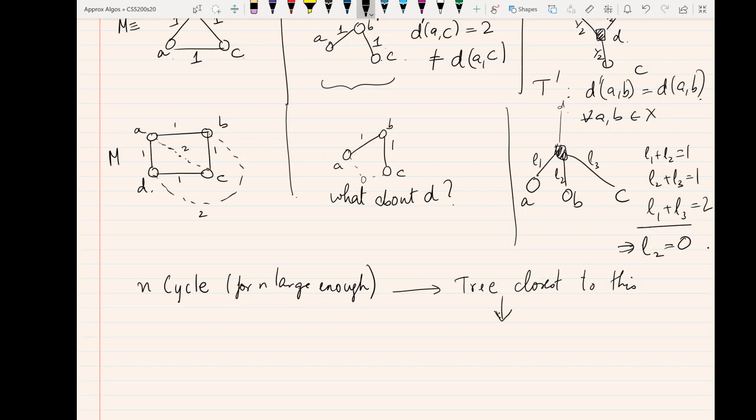In fact, the distances will be distorted, that is, the distances will grow by at least omega n.